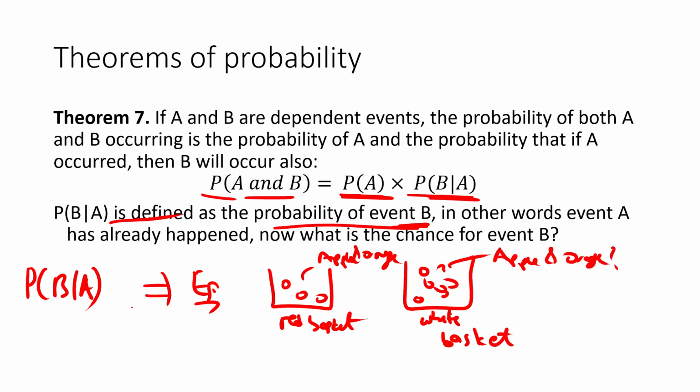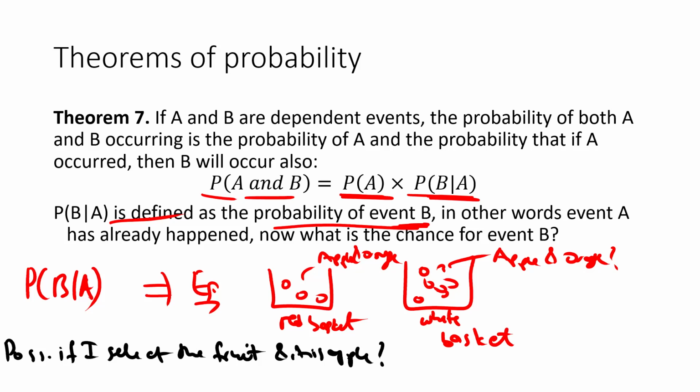If I ask you what is the probability that I select a fruit and it is an apple, this is not the full information, because which basket should I select, the red basket or the white basket? I should give you additional information.